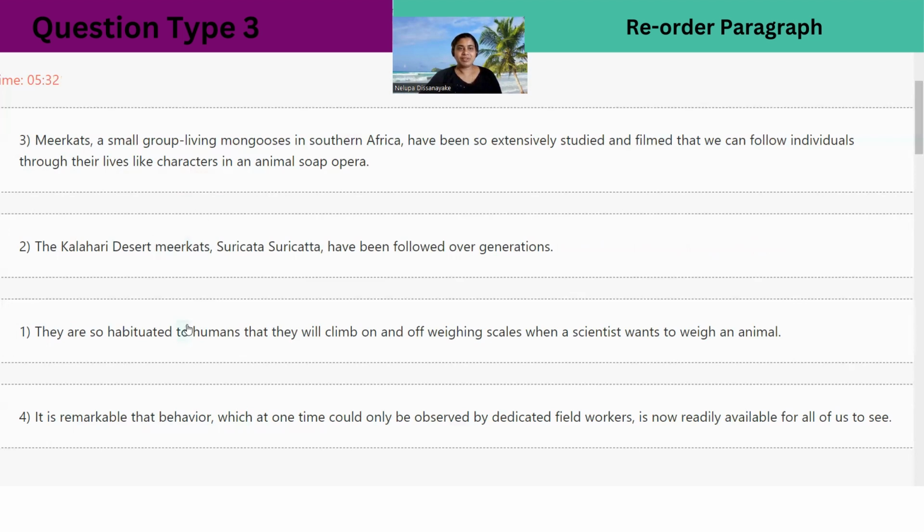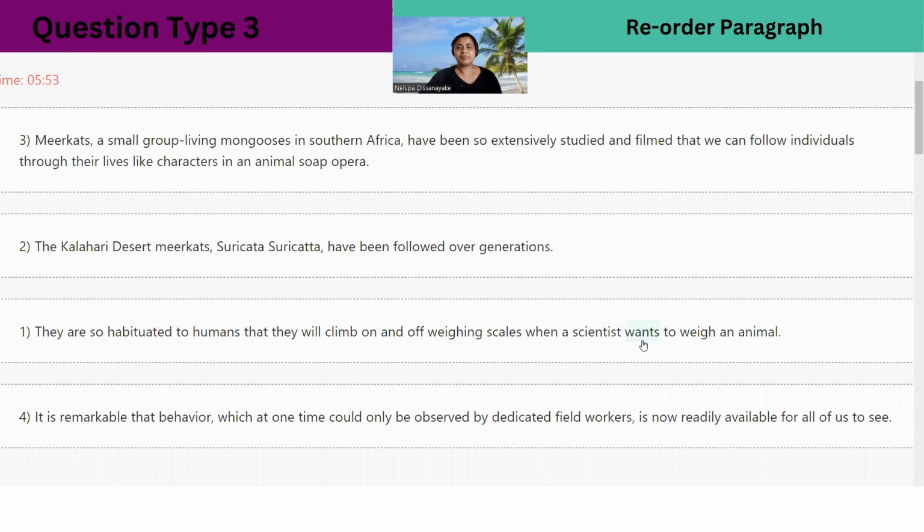And let's see which one goes next. Now, I said before that behavior cannot be the first one, because first of all, it has to explain a particular behavior. Now it says they are habituated to humans. That means they are used to something. Habituated to humans that they will climb on and off weighing scales.